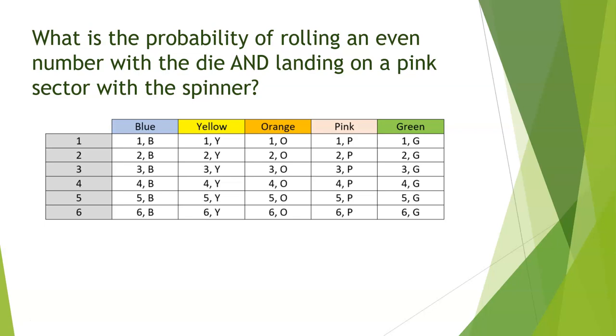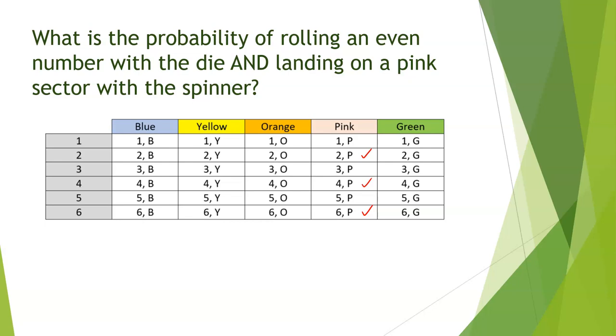So what we need to do here is identify those outcomes. Here I have an even number and a pink on the spinner. Here I have an even number and a pink on the spinner. Here I have an even number with a pink on the spinner.